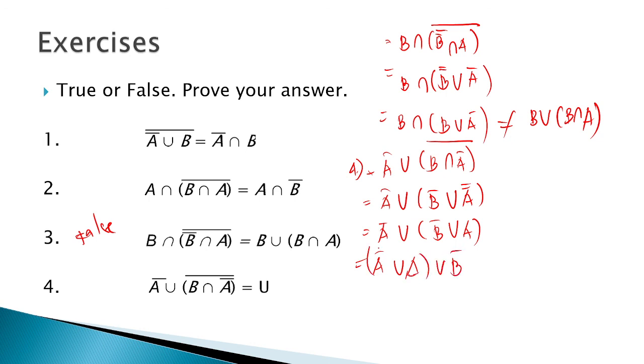But take note, class, A bar union A, this is already equal to your universal set U. So, universal set U, union mo yan sa kahit anong set, you will get your universe. So, that is just equal to U. So, therefore, U lang yung answer natin dito. So, this is also true.